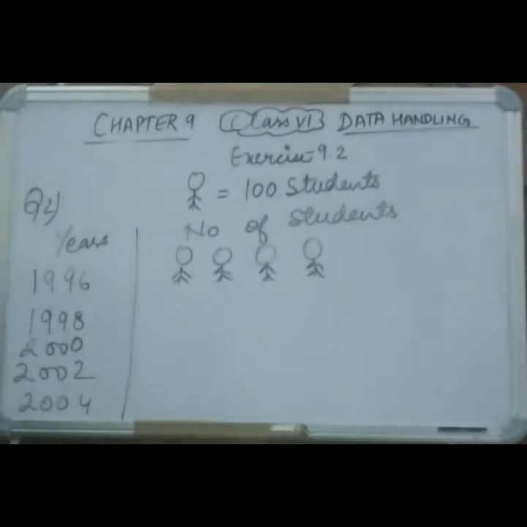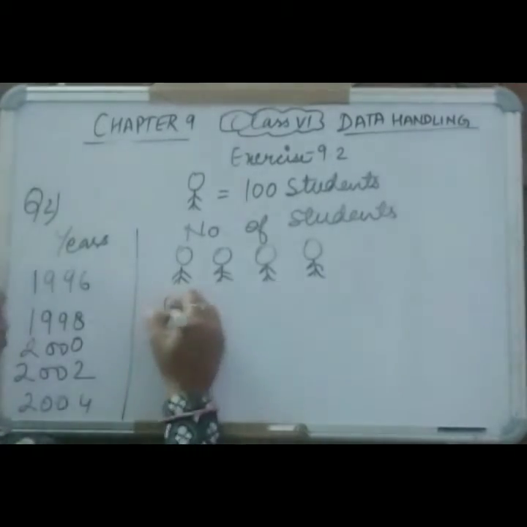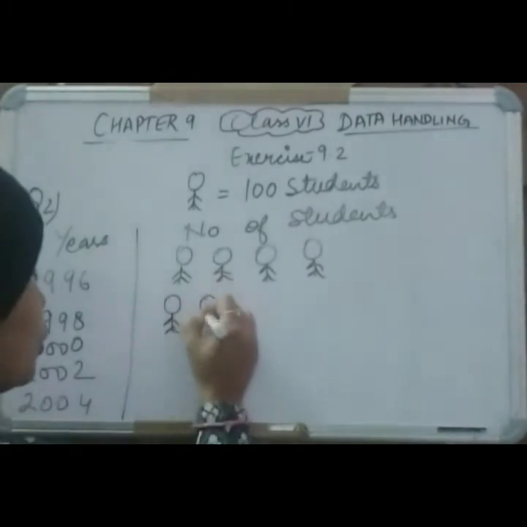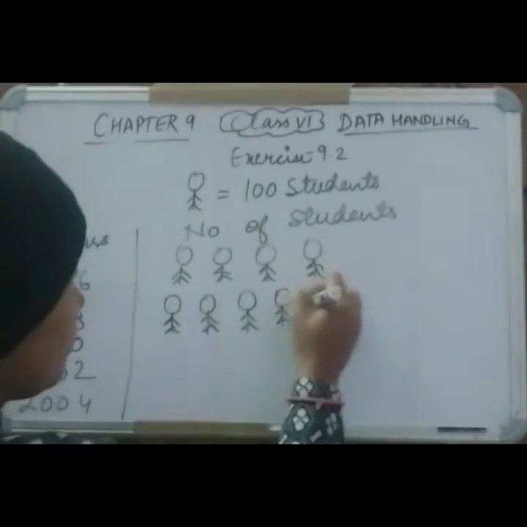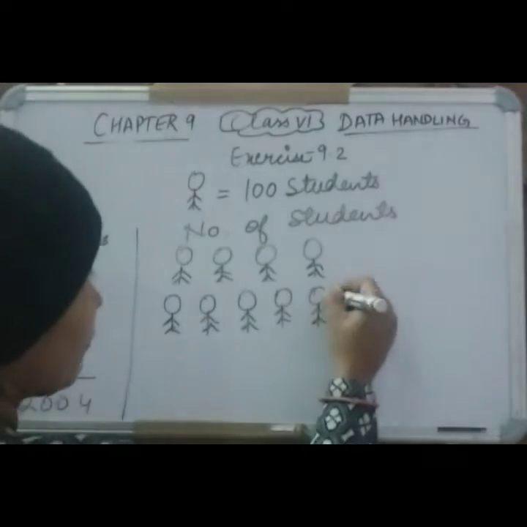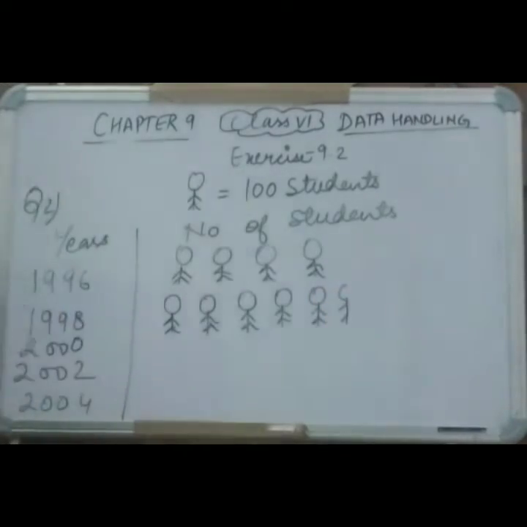Next, 1998 is 535, and when we divide it by 100 we get 5.35. It means 5 complete symbols and 1 incomplete symbol.